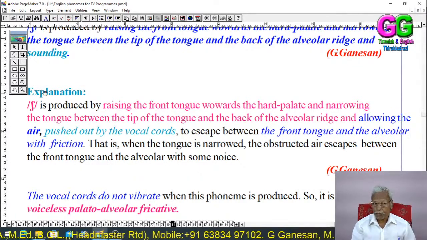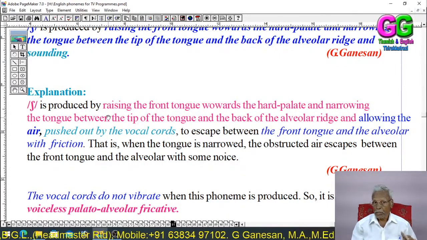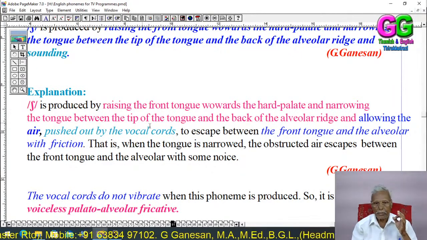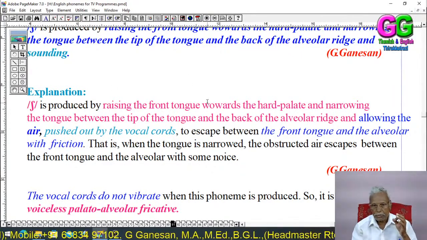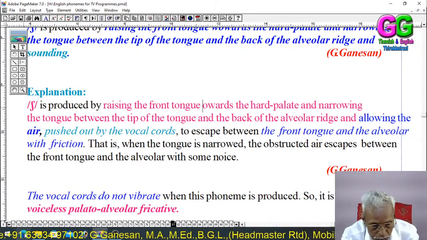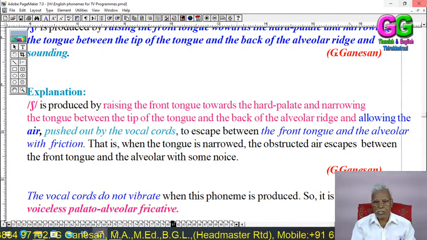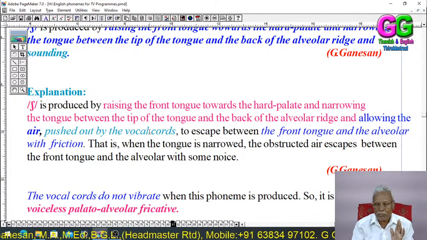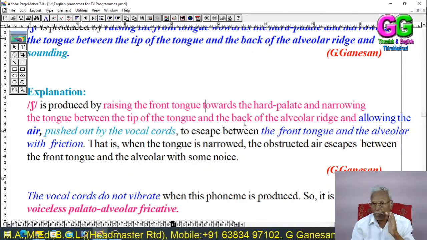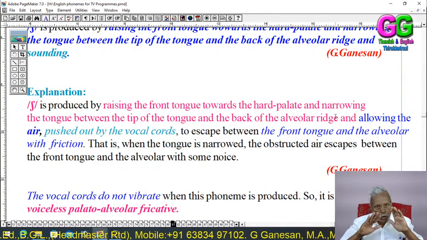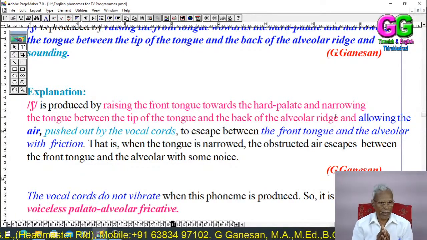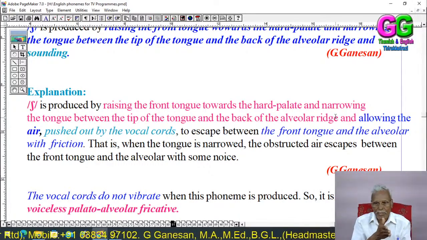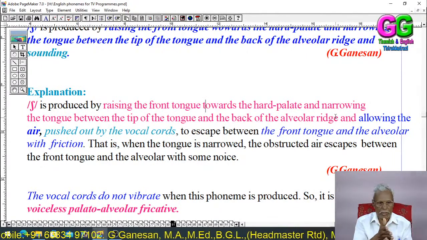See the explanation again. /ʃ/ is produced by raising the front tongue towards the hard palate and narrowing the tongue between the tip of the tongue and the back of the alveolar ridge and allowing the air pushed out by the vocal cords to escape between the front tongue and the alveolar with friction.